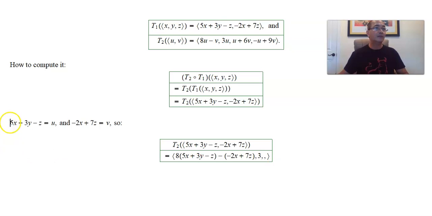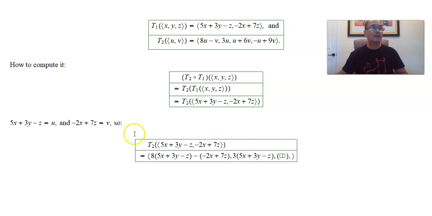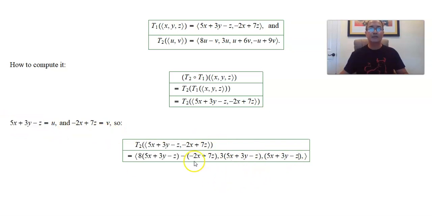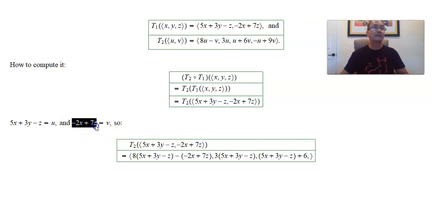We want 3 of u. 3 of u is over here. Okay, so notice we're just doing a substitution basically. Next, we need u plus 6v. Okay, so we don't really need parentheses for u, but I'm going to put it in, just to give us a visual cue that that portion of the term is from the u. Okay, and then we want plus 6v. So plus 6 of this.